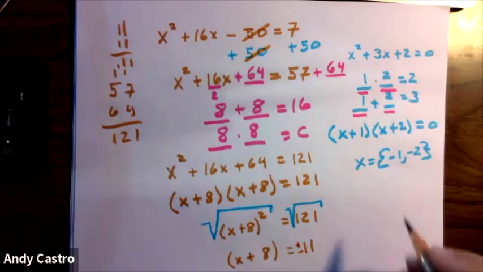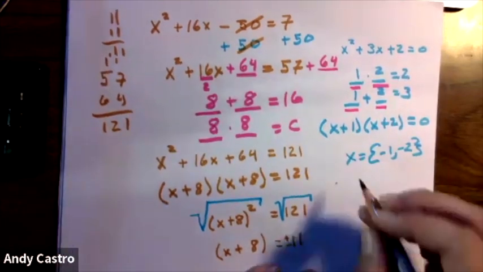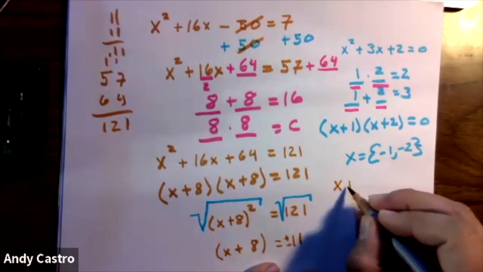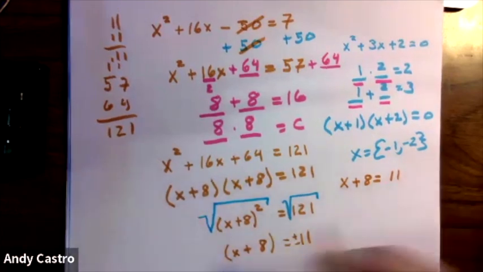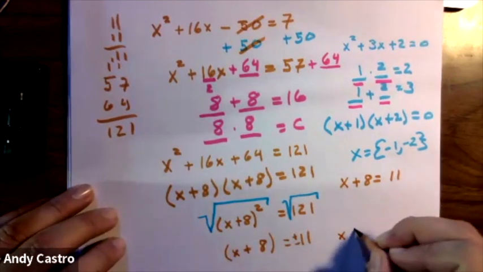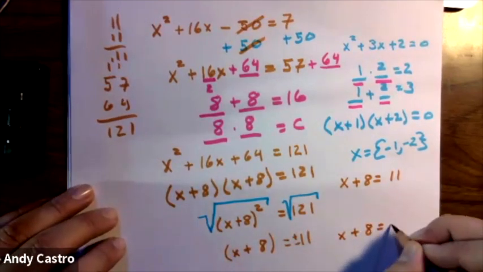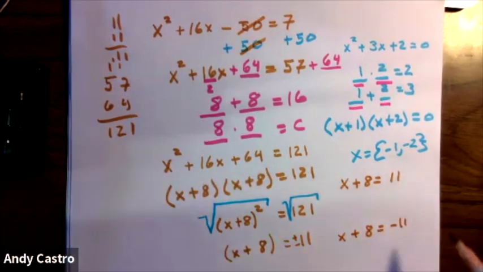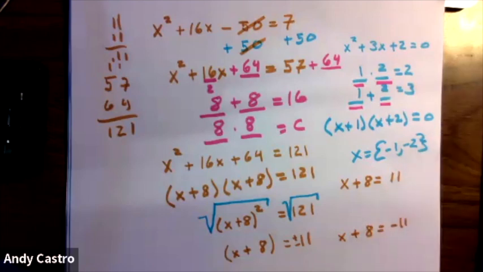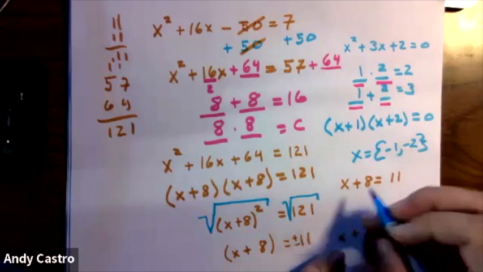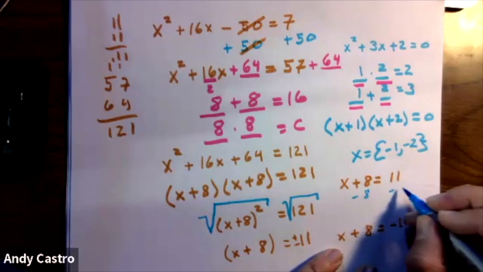Okay. So now we're going to have two answers. X plus 8 is equal to positive 11. And x plus 8 is equal to negative 11. So in both cases, I'm going to subtract 8 from both sides.